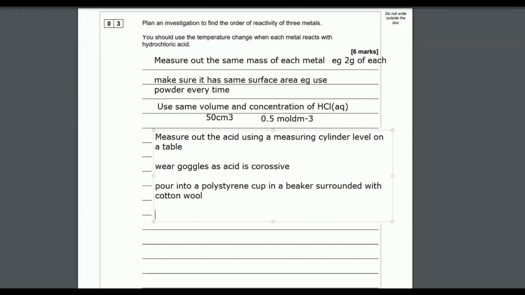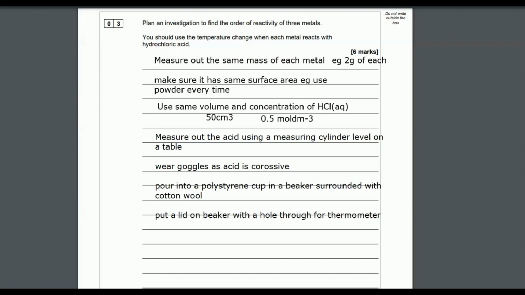Now we want to put a lid on the beaker with a hole through for the thermometer. So essentially, for you guys thinking what is he on about, we've got our beaker here. We've already poured our acid in.